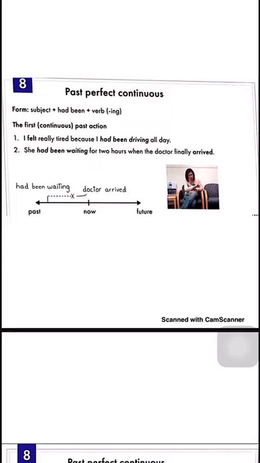So of course he got tired. So अभी भी वो action, वो जो भी उसका काम चल रहा है वो अभी भी चल रहा है. Clear? Next is she had been waiting for 2 hours when the doctor finally arrived. That when the doctor arrived, till that point she had been waiting for 2 hours. Clear?